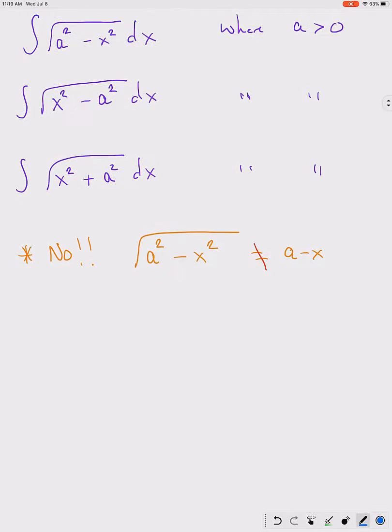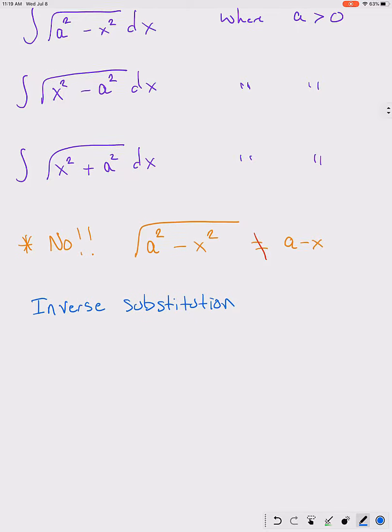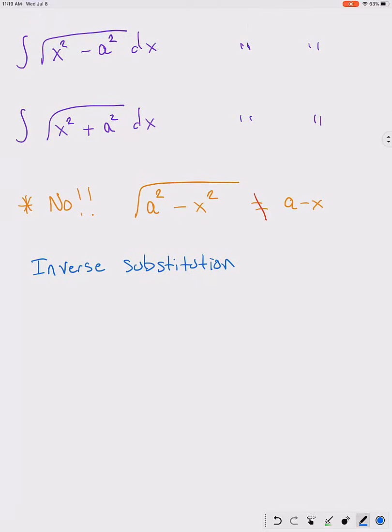The correct way to think about this is to use something called an inverse substitution. What we're going to do with an inverse substitution is take our variable x and make it equal to some other function, but usually in terms of theta.